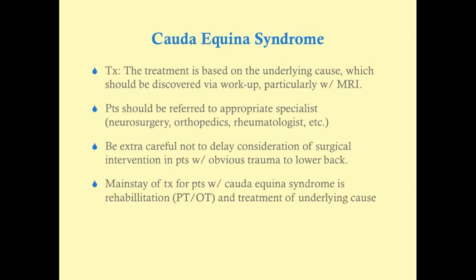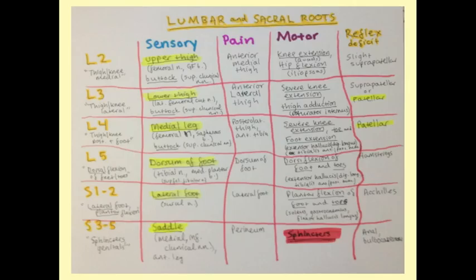Okay, so this is a little cheat sheet for your lumbar and sacral roots. And there's obviously a lot of information on here based on the root, if it's damaged or if it's not working properly: where you're going to get sensory abnormalities, where you're going to have pain, where you're going to have motor deficits, and where you're going to have a reflex deficit.